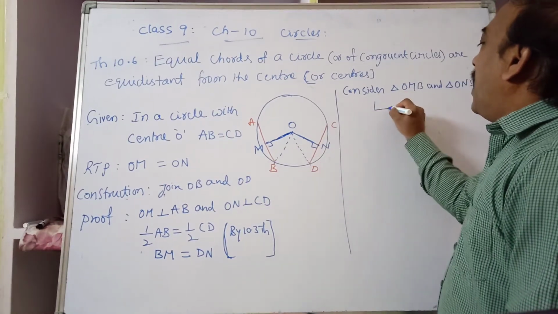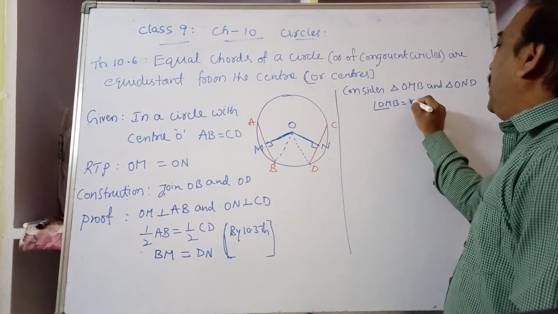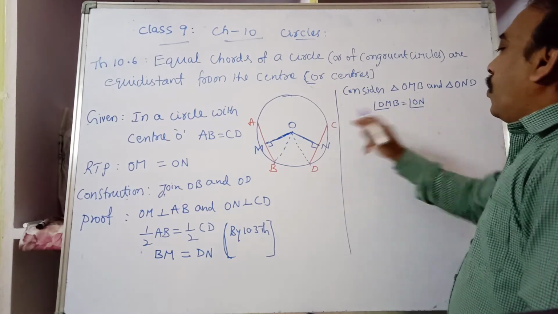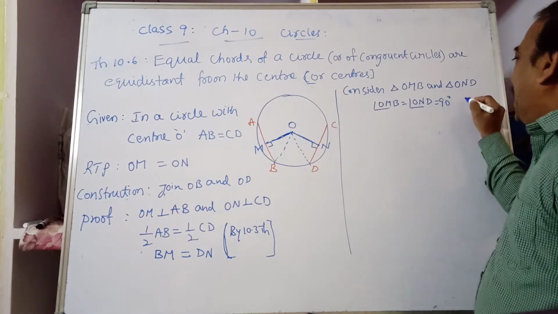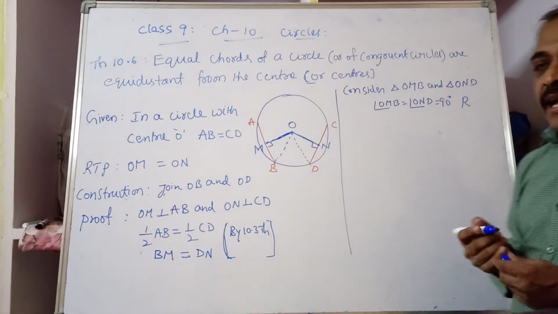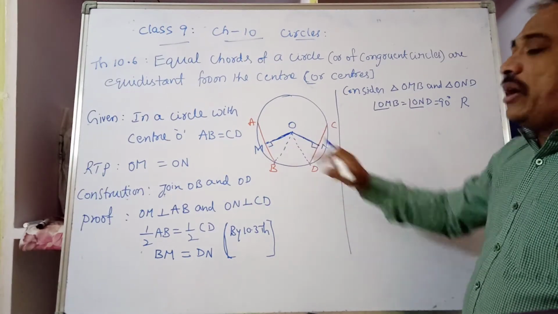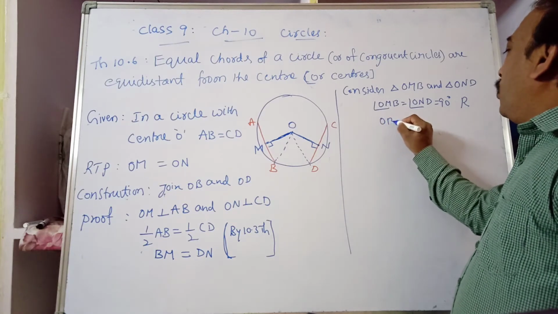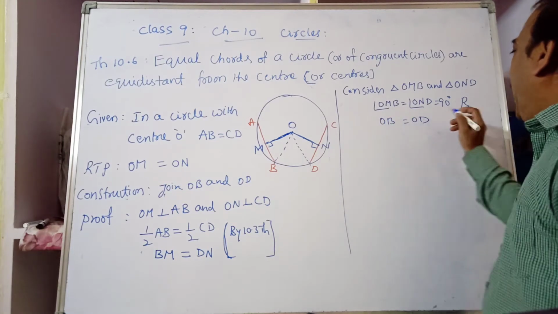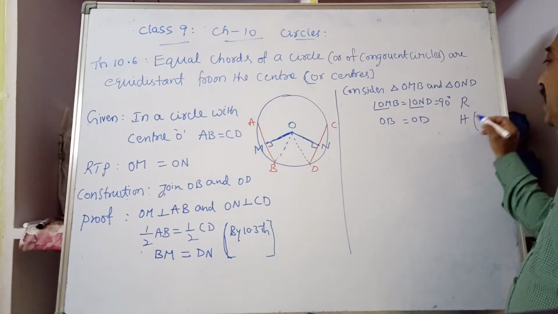That is, angle OMB is equal to angle OND, which is equal to 90 degrees, a right angle. Next, opposite to 90 degrees, we call it the hypotenuse, OB and OD. OB is equal to OD, which is the hypotenuse, but why are they equal?